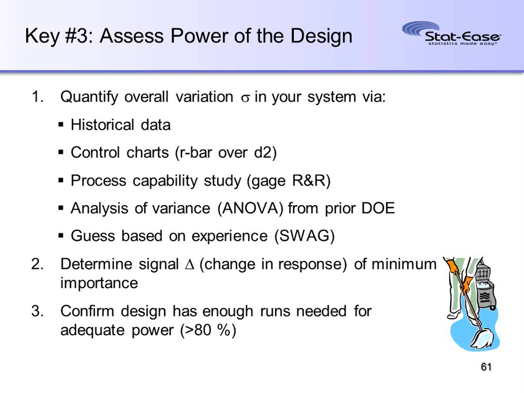Then he'll back off a little bit and say, well, okay, what if we could detect a change of 2% or something like that? And I didn't show you it in the software, but it's easy enough to find. You can confirm that your design has enough runs for adequate power, so you want your power always to be about 80% or higher. And power is shown in the tutorials and in the help system if you want to look it up and get some more information.